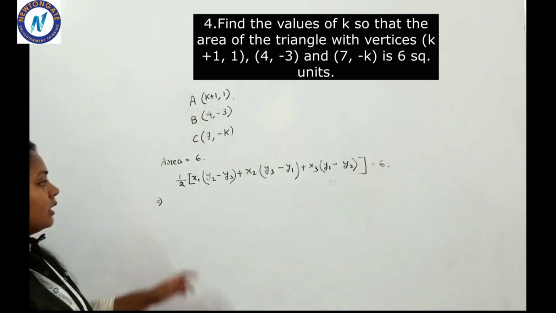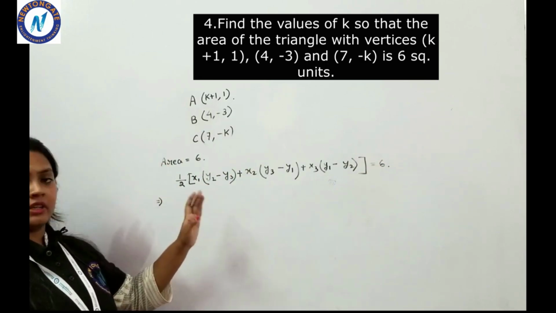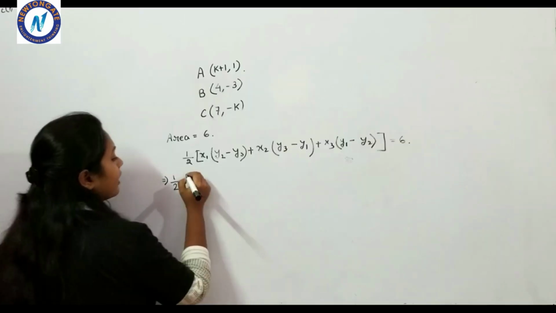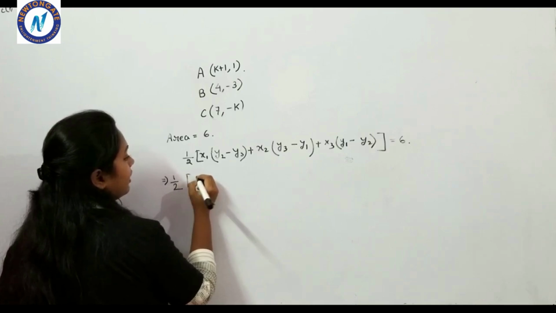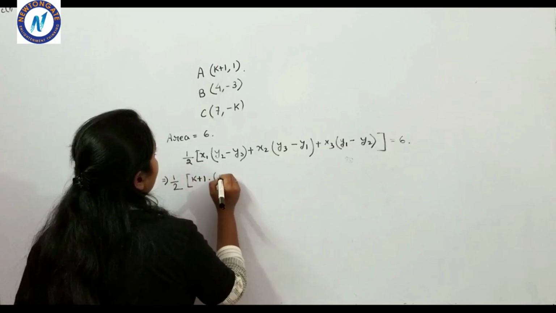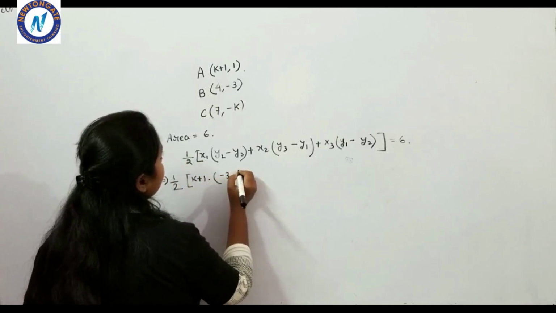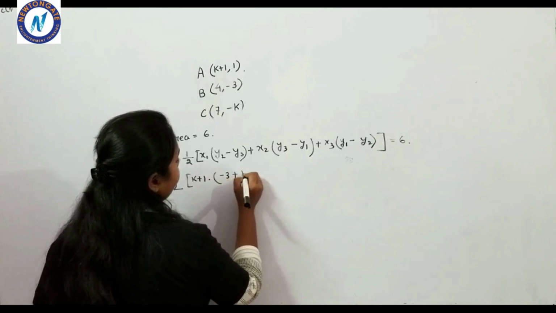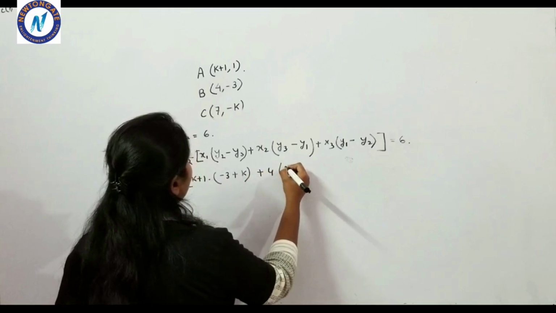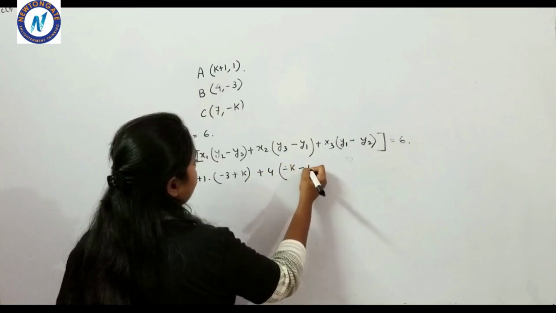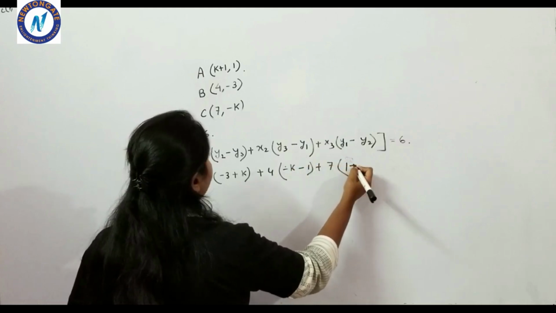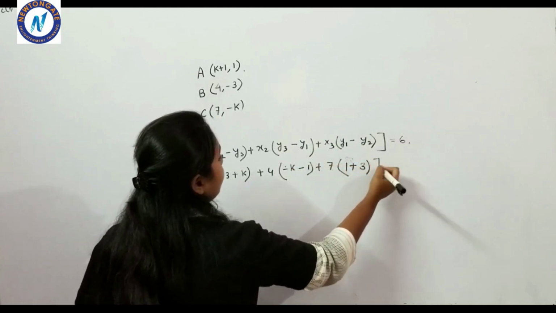Then we will put the values of x1, x2, x3 and y1, y2, y3. Then we will get half whole x1 means k plus 1 into y2 minus 3 plus k, plus x2 4 into y3 minus k minus 1, plus 7 into 1 plus 3 equals 6.